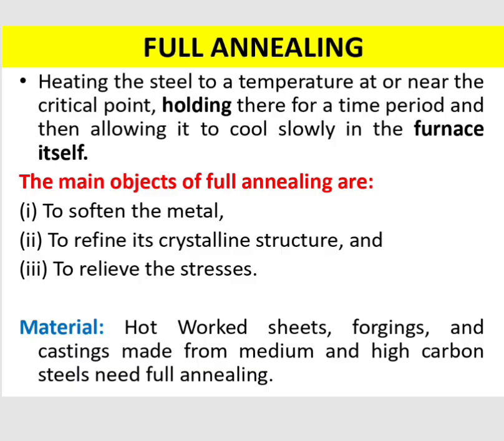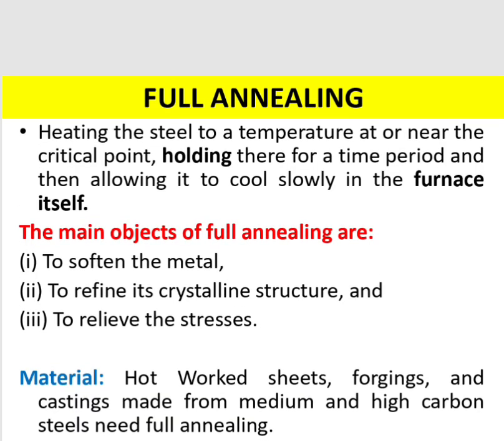The main objectives of full annealing are to soften the material, refine its crystalline structure, and relieve the stresses. What materials can be full annealed? Hot work steels, and forgings and castings made from medium and high carbon steels need full annealing.